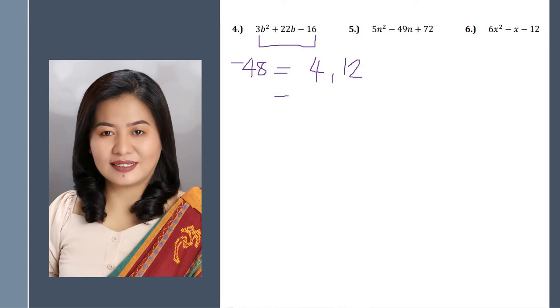We can also have 2 squared there, and 12 we can have another 2 squared and then 3. So we can have 8 and 6. Can it be 8 and 6? 8 and 6 is 14.